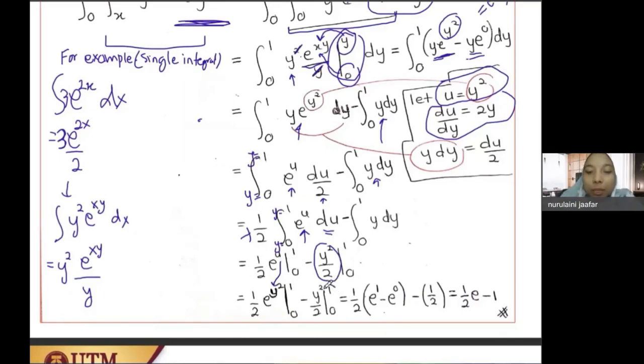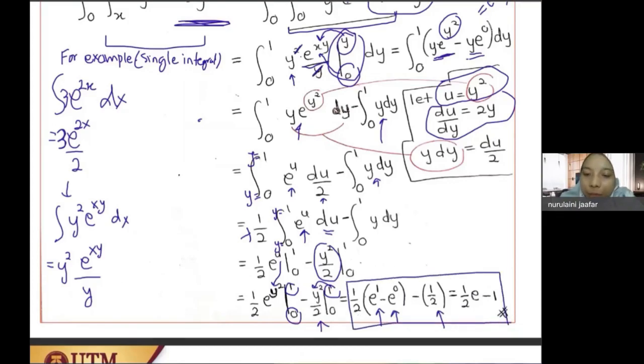You substitute the limit. First we substitute 1, we get 1 over 2 e^1. And then substitute 0, minus e^0, and then minus y squared divided by 2. Substitute 1 into y squared, we get 1 over 2. Substitute 0, we get 0. So that's why you get this. After that, simplify.